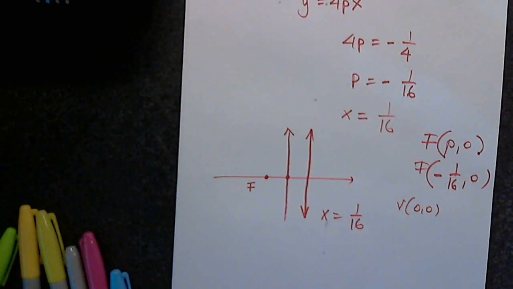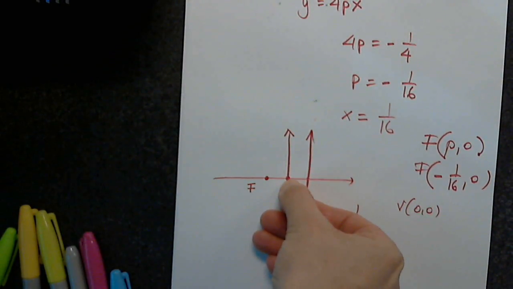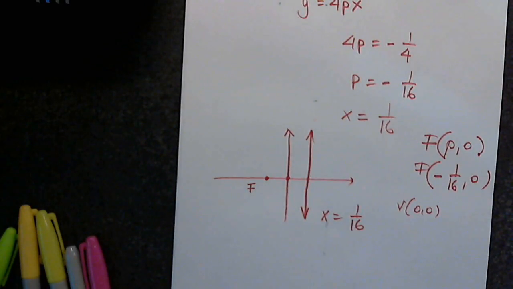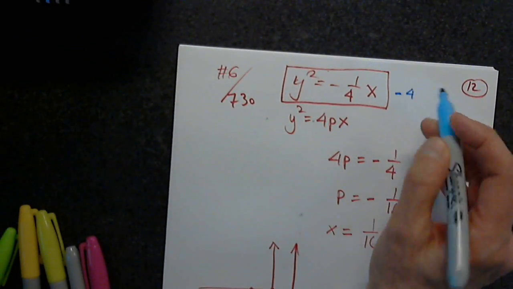If you say graph it, I'll say wait a minute, because I really need to find another point. Having only the origin, which is the vertex, is not good enough. Let's say x equals -4.